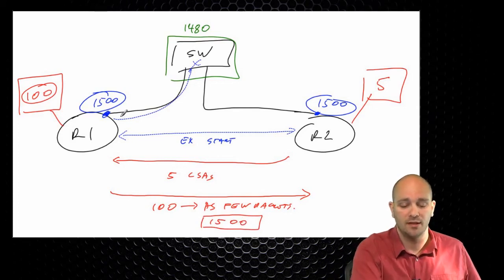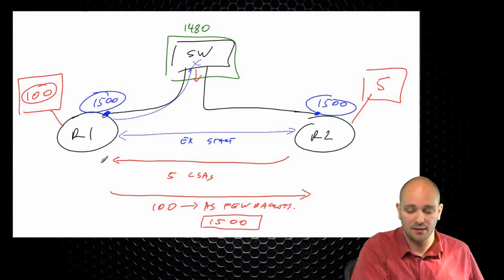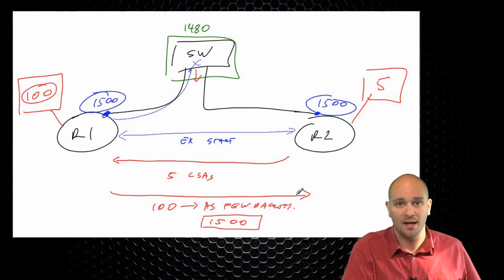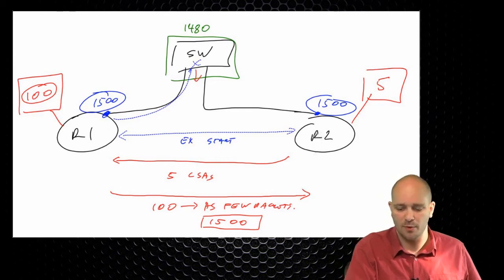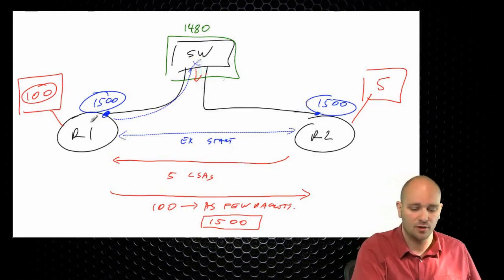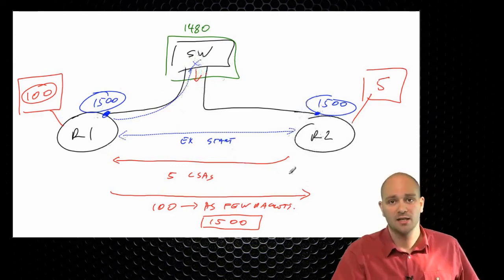Which means that when this 1500 byte packet arrives at the switch, it's going to be dropped. So the link state request that R2 sent is never going to be responded to by a link state update. There will be another link state request, and the link state update gets dropped, and eventually router 2 is going to time out.